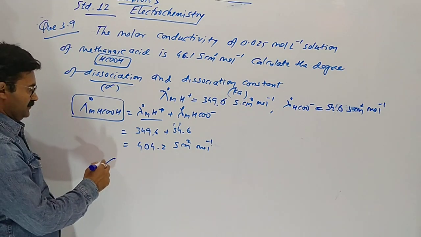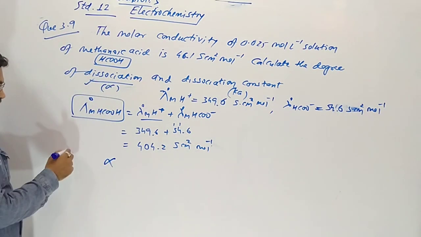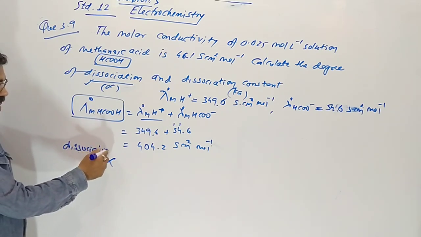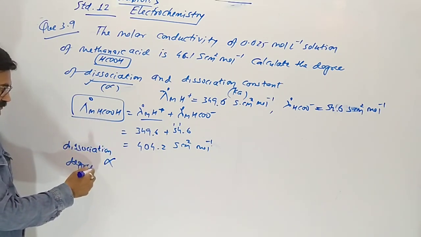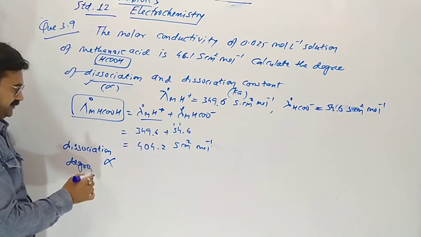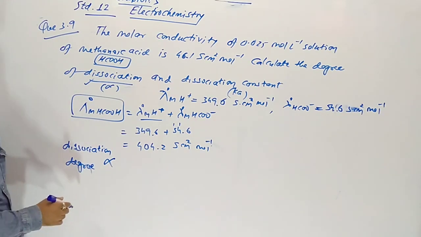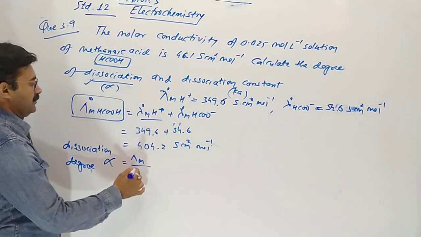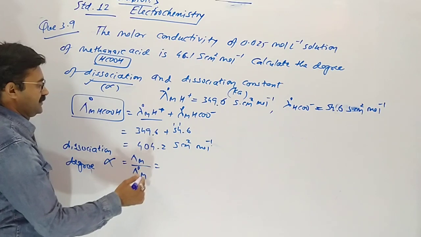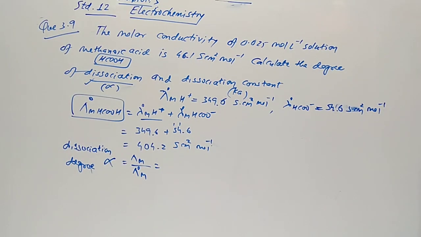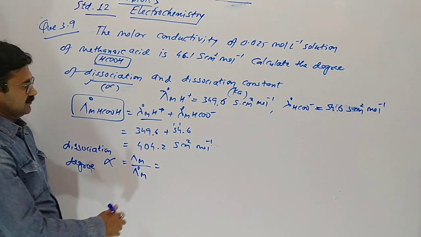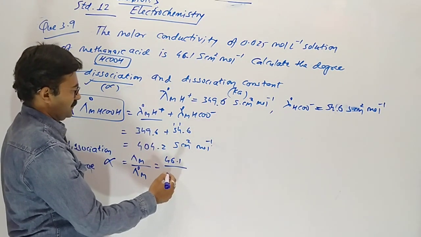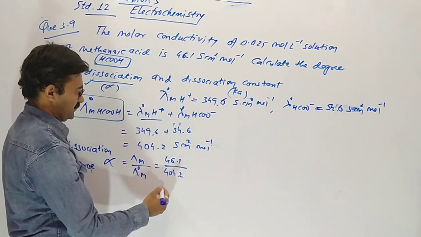Now alpha, the dissociation degree. We know the formula for that: lambda m upon lambda degree m. Lambda m at the given concentration is 46.1, and here lambda degree m is 404.2.